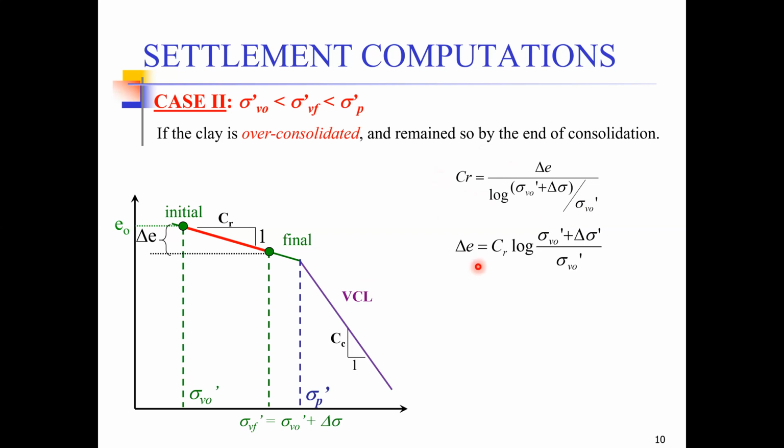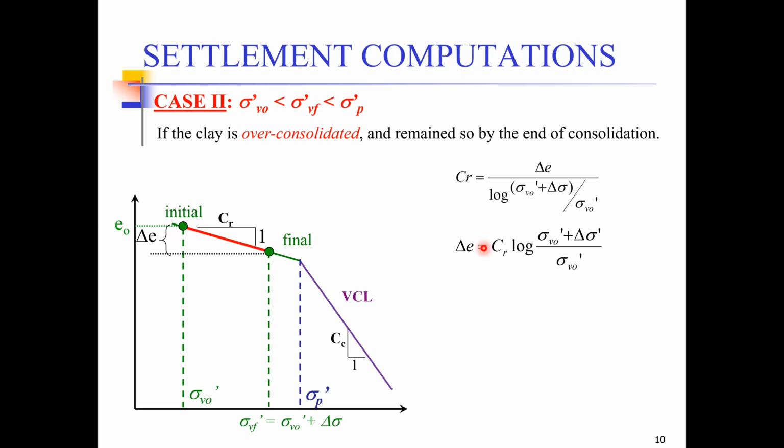Now, if you look closely, this equation is exactly the same as the equation that you have derived on the previous slide for a normally consolidated soil. The only difference is that here there is CR, instead of CC over there. So we use compression index in that case when we were using a normally consolidated soil.